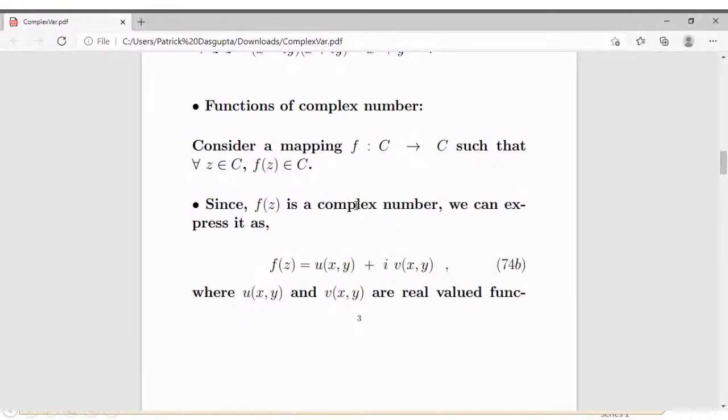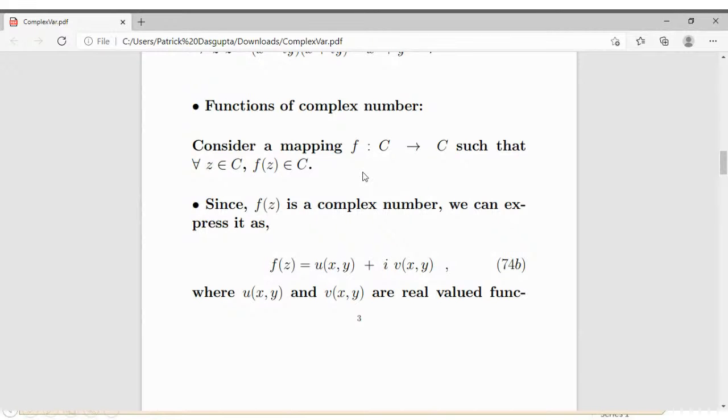Because f of z is a complex number, it can be also written as real part of f(z) plus iota times imaginary part of f(z), just like z is x plus iy.